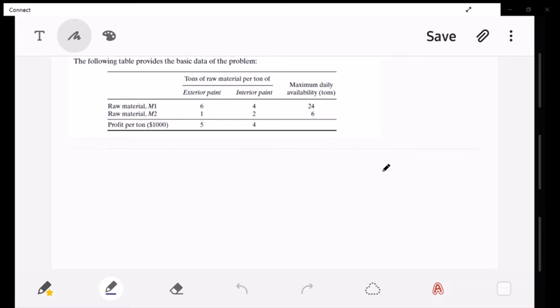It says the daily demand for interior paint cannot exceed that of the exterior paint by more than 1, and the daily demand for interior paint is at most 2 tons. So we have to determine the optimum product mix for interior and exterior paint such that it maximizes the daily profit.